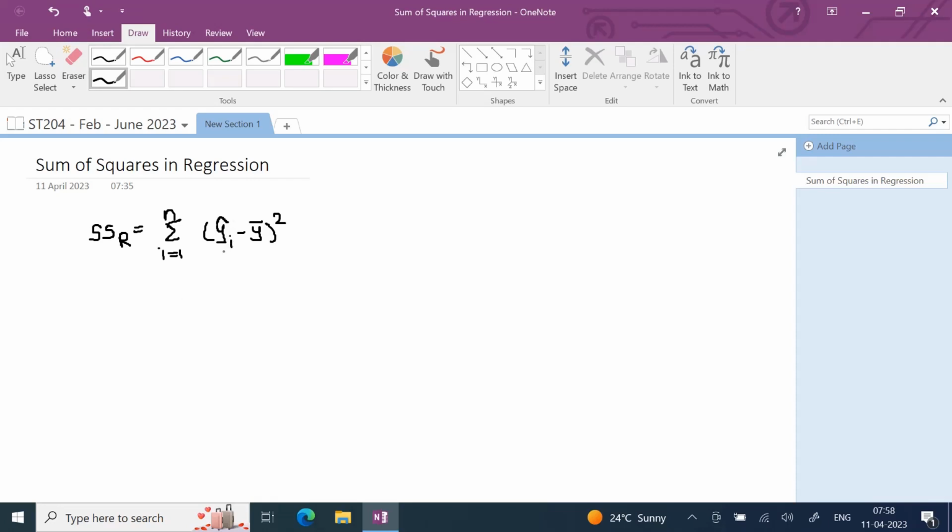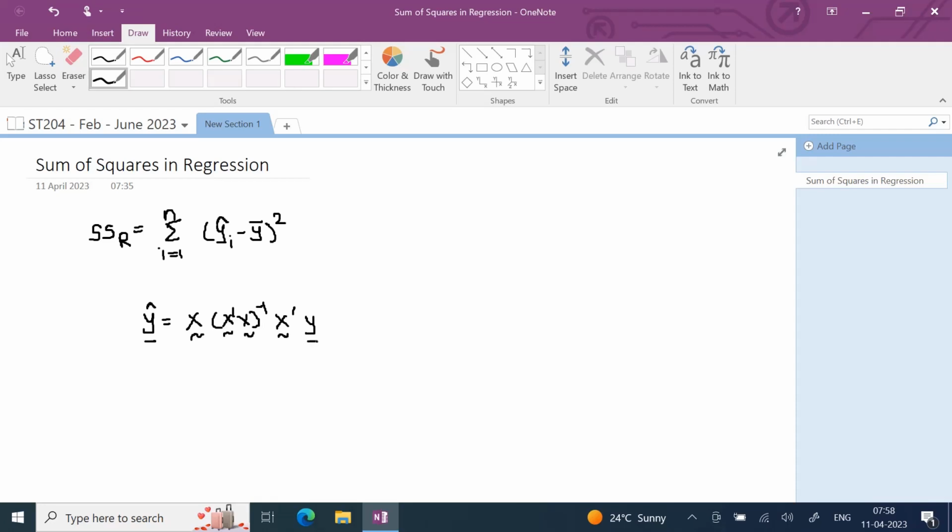We already know that y hat, as a vector, has a matrix representation which is X beta hat, that is X into (X prime X) whole inverse X prime y. Correct. We have seen this.